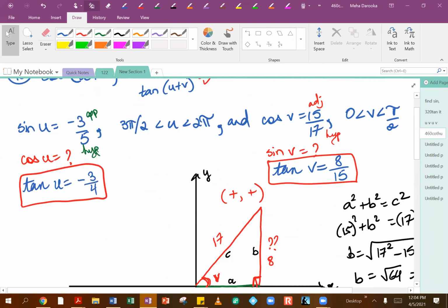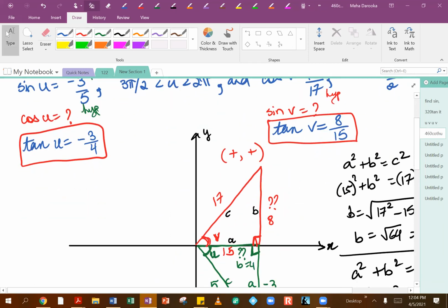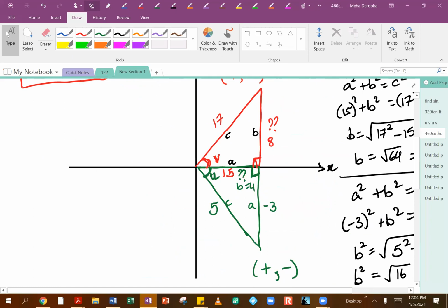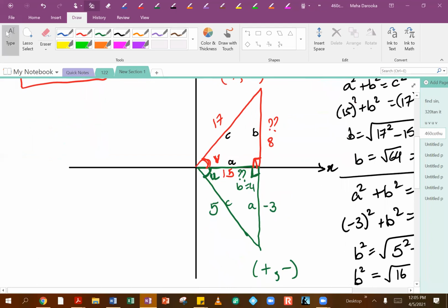So, questions on the process? I know you can do the algebra part, but as far as using the triangles to come up with your angle measurements for tangent, or like I said, you could have also done this with cosine and sine that were missing from the original given parameters or whatever you want to call them.